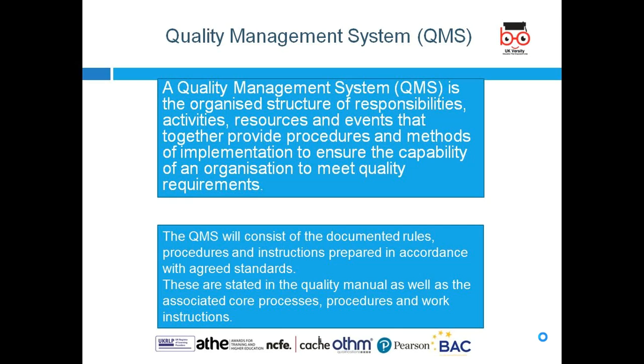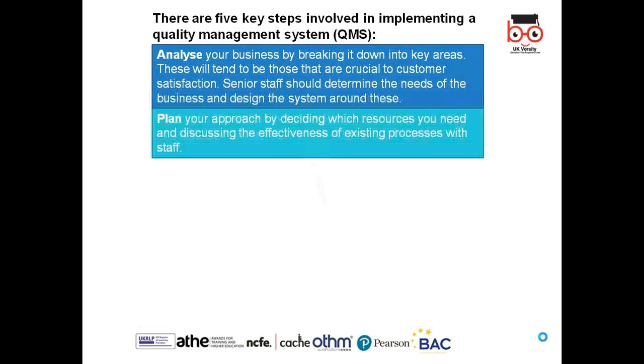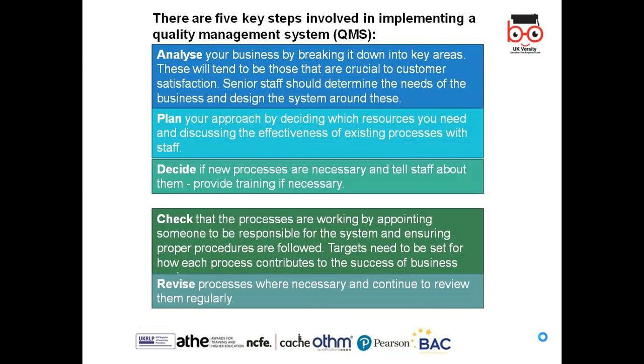Then we look at the QMS. The quality management system is the organized structure of responsibilities and activities that together provide the procedures, methods and implementation to ensure the capability of an organization to meet quality requirements. A QMS consists of documented rules, procedures and instructions prepared in accordance with agreed standards.